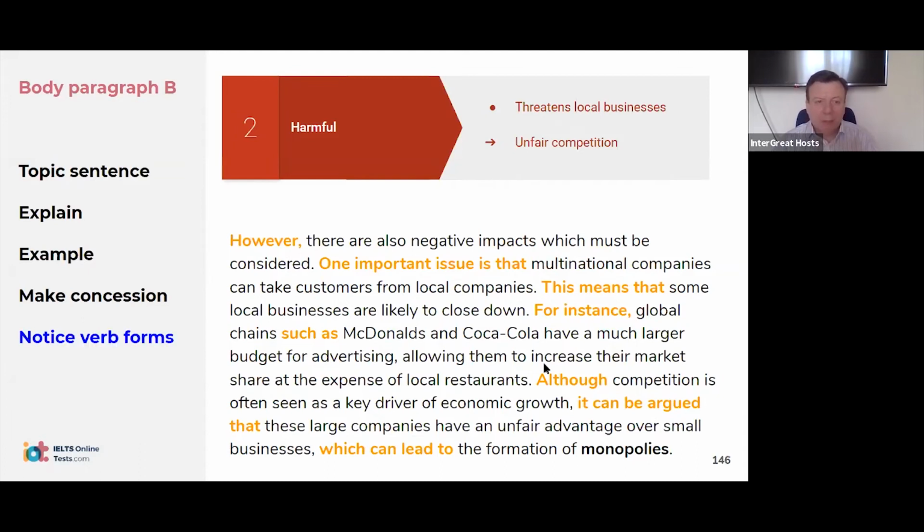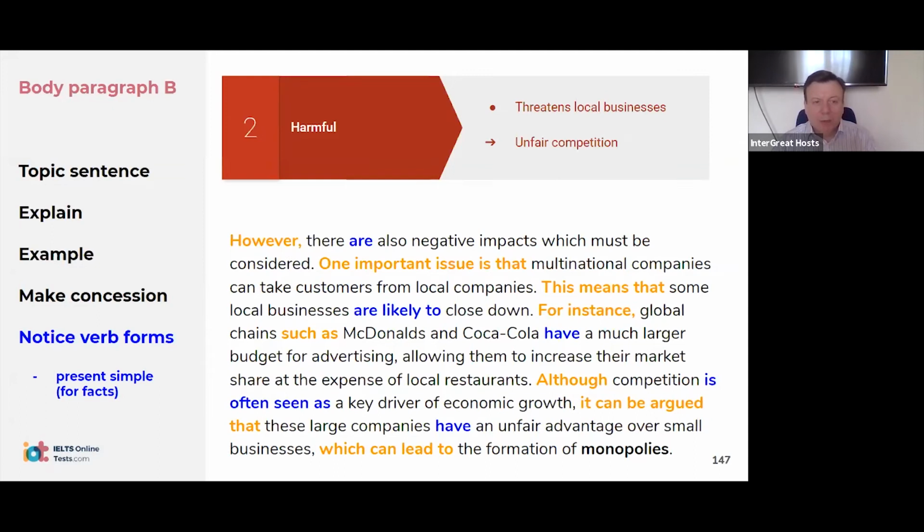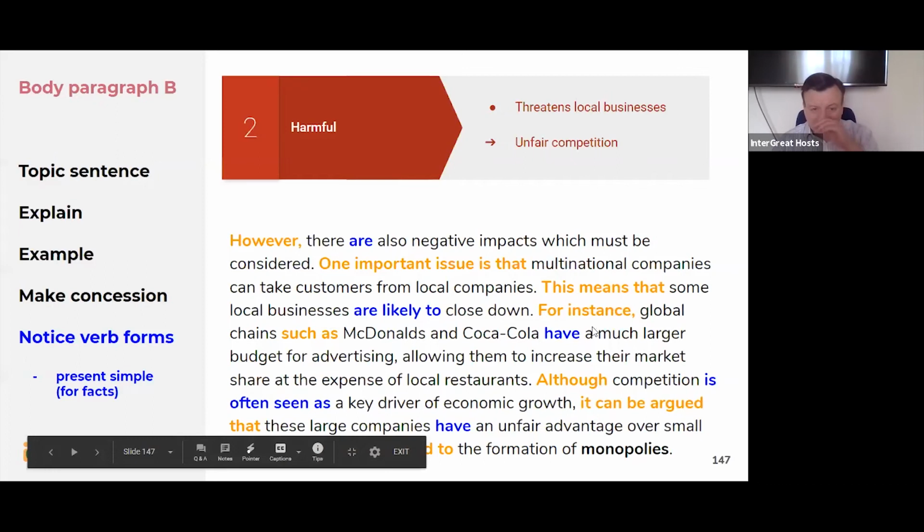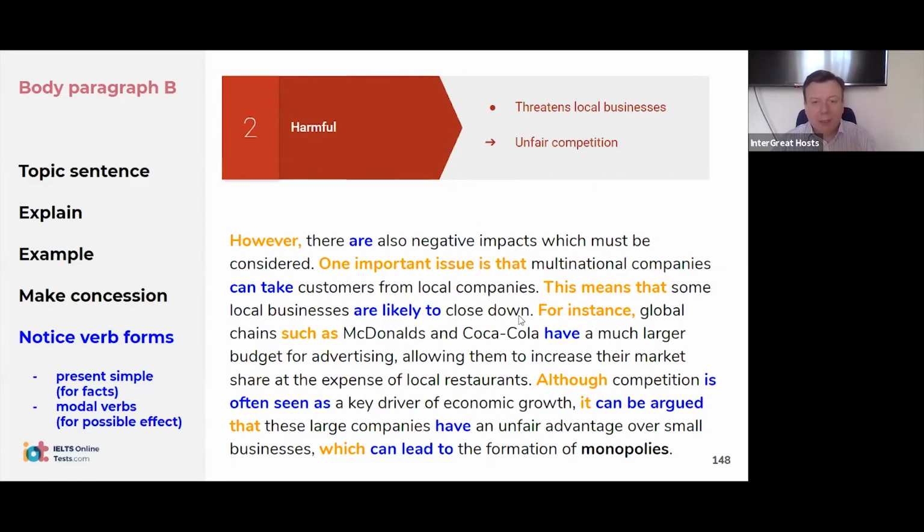So some good vocab and linking expressions there. We've got our present simple again: are likely to, have, often seen as, is, have. And then modals: can be argued, can lead to, can take.